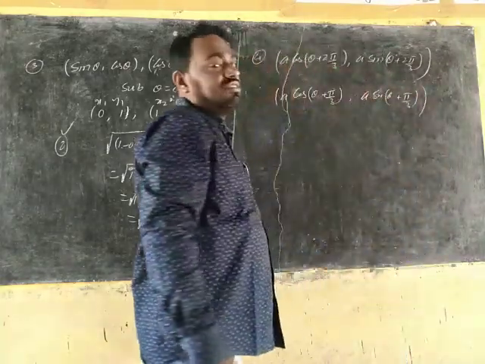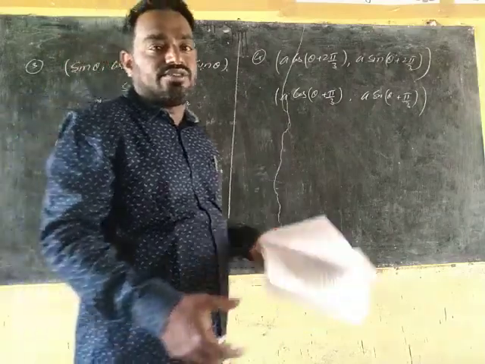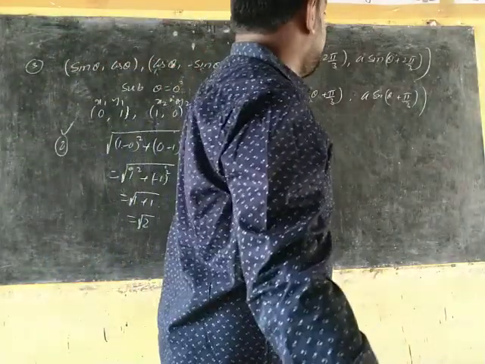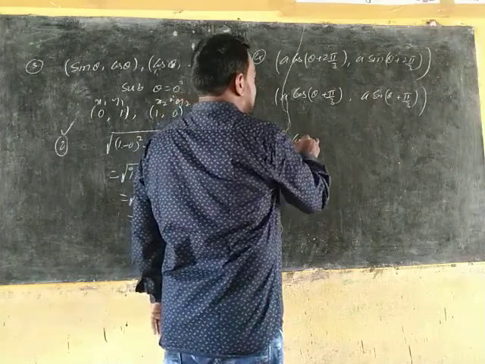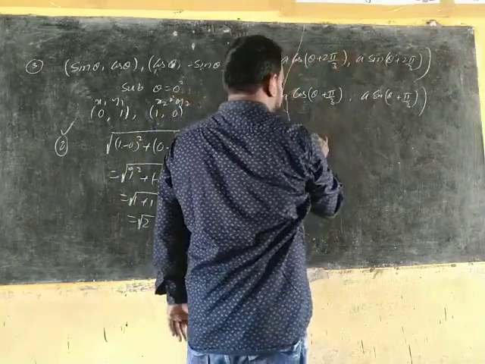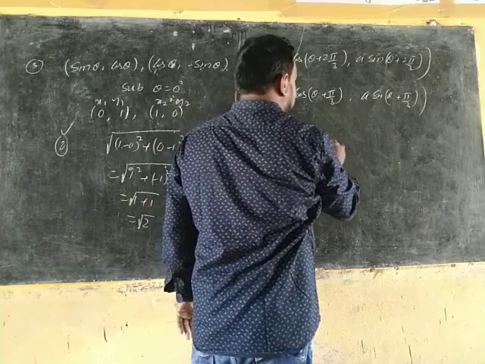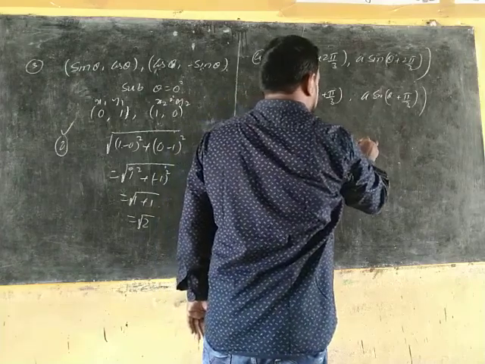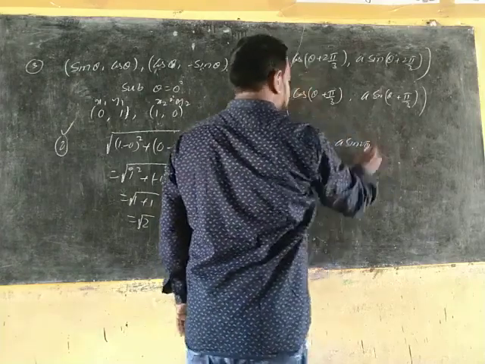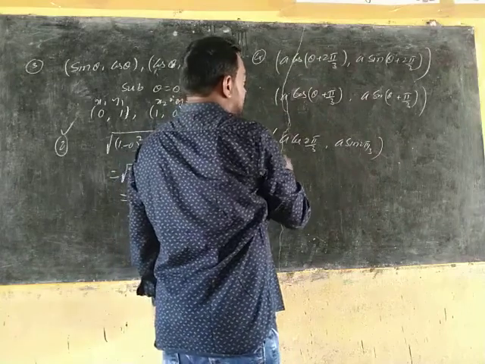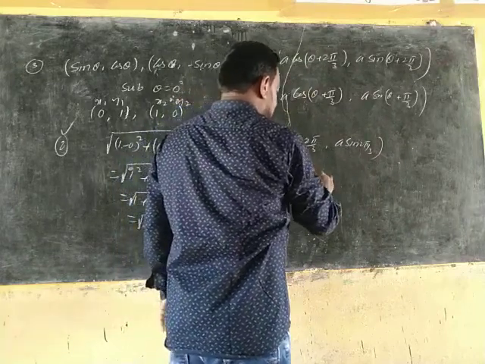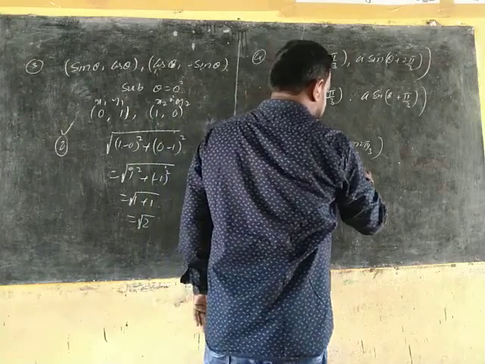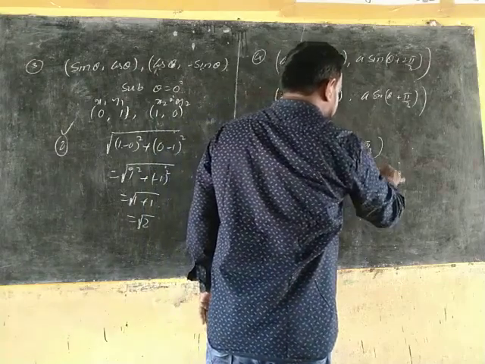Very simple question. If theta is equal to 0, substitute 0. So what we are getting here: a cos of 0 plus 2 pi by 3, next a sin 2 pi by 3. Next to one more point, a cos pi by 3, comma a sin pi by 3.